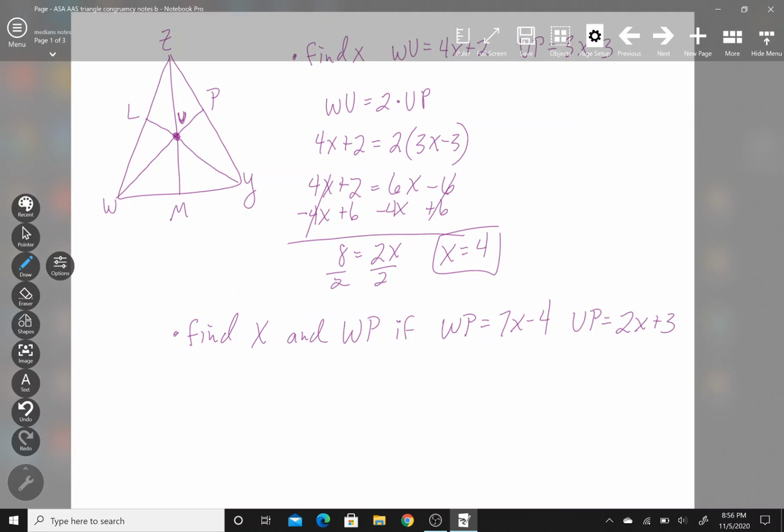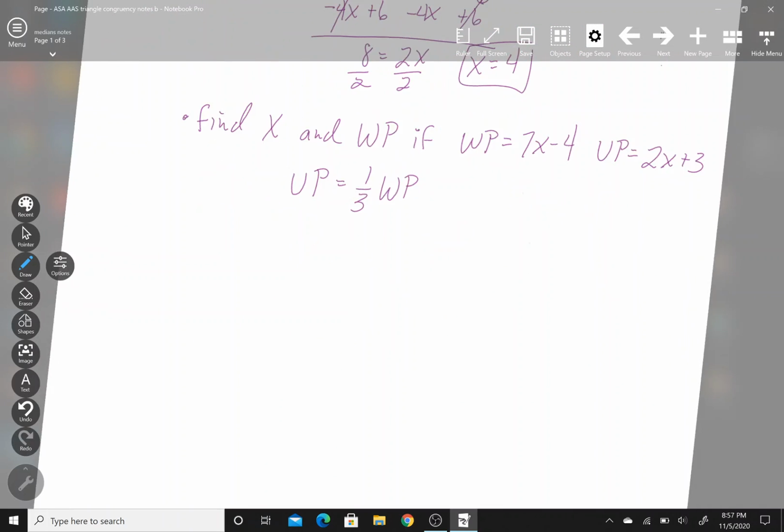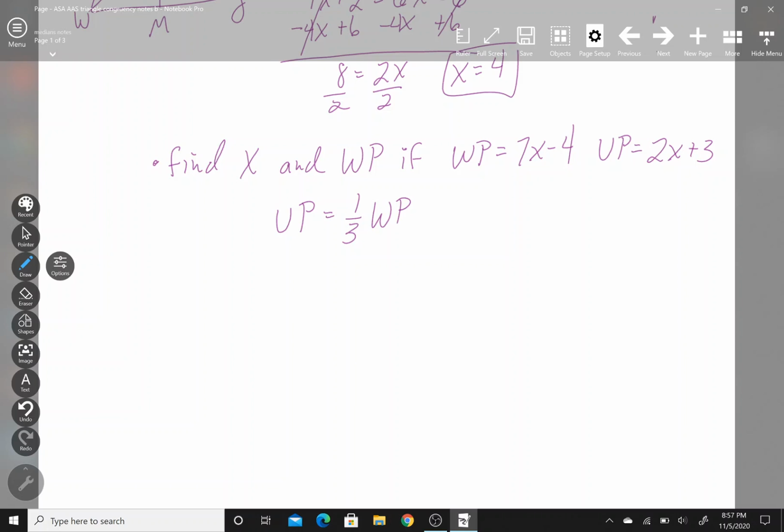Okay, so WP is the whole thing and UP is the small part. So remember, UP is 1/3 times WP. And we're going to plug in here. So UP is 2X plus 3. Then we have 1/3 times, and then WP is 7X minus 4.